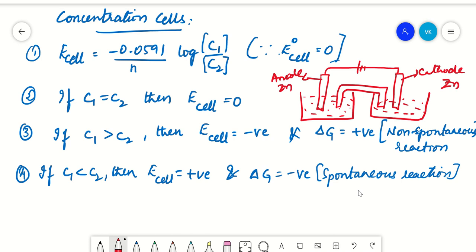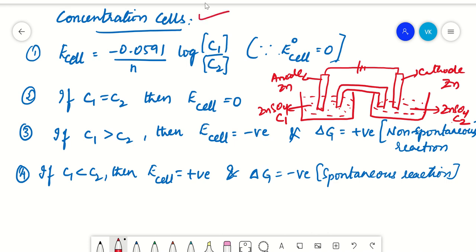And what is the electrolytic solution here? Zinc sulfate only. And this electrolytic solution? Zinc sulfate only. What is the change in these cells now? The concentration of this will be C1 and the concentration of this will be C2. So the concentrations of these electrolytic solutions change in concentration cells. Then we call those cells concentration cells.